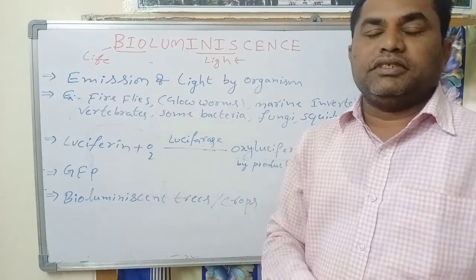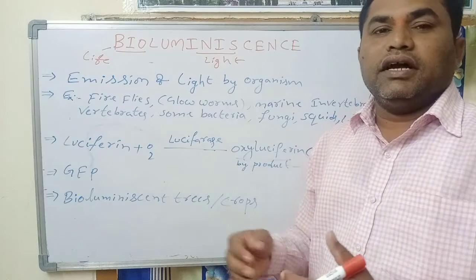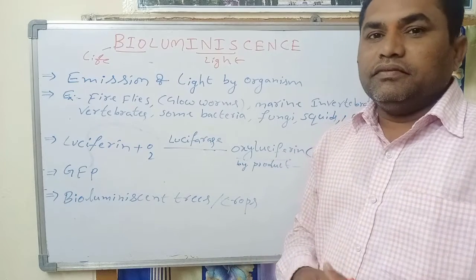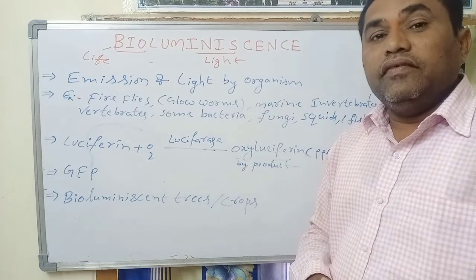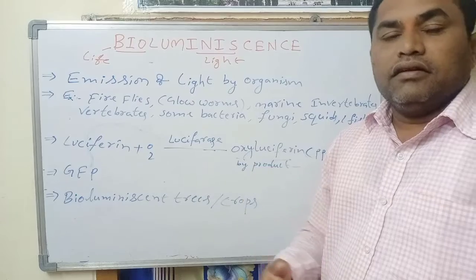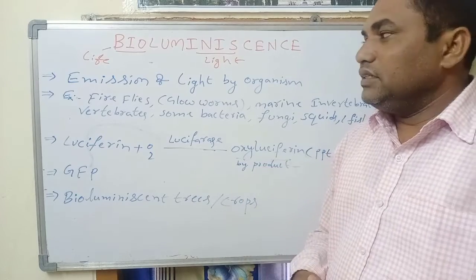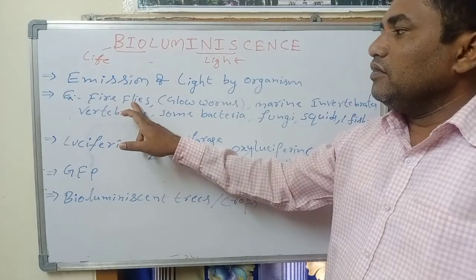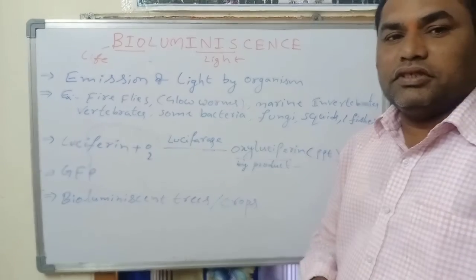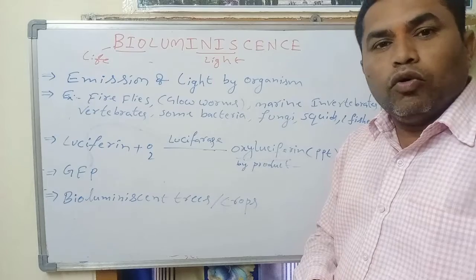Not all organisms could emit, but a few living things can produce the light. For example, fireflies. Fireflies means glowworms. Generally we should call what? Glowworms.